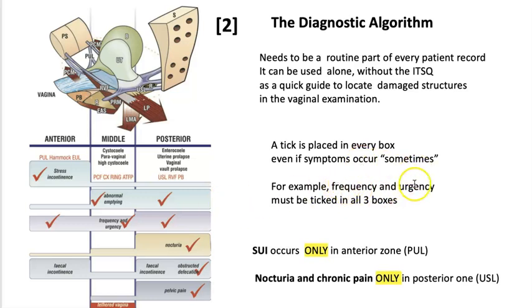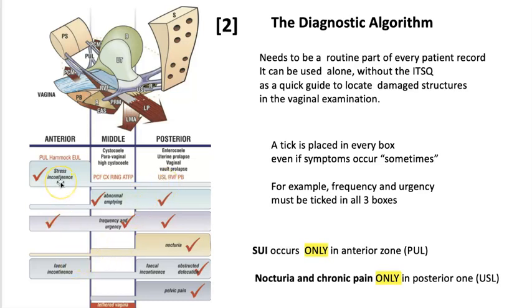So for instance, frequency and urgency, here you tick every box. Abnormal emptying, middle can be cystocele, posterior uterosacral ligaments. Nocturia and chronic pelvic pain occur only by uterosacral ligament laxity or damage.